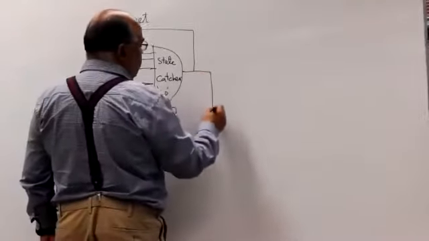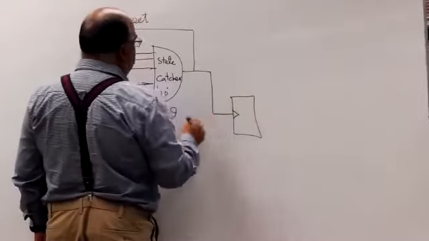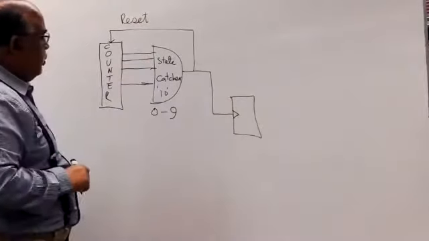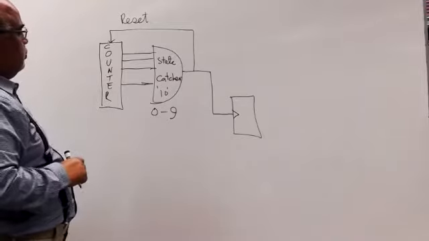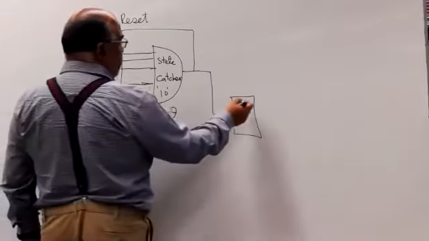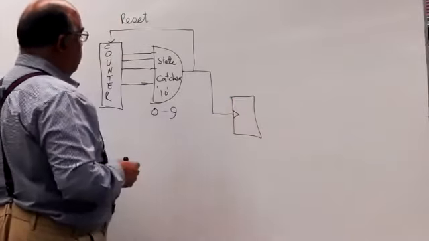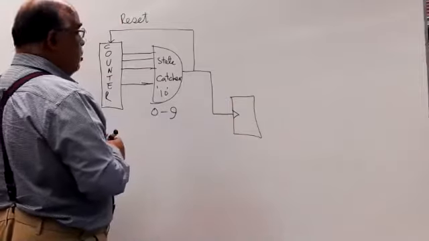And it will also send a clock to the next counter. Resetting itself is fine. There is no problem. It is the clock that goes to the next counter where it can be a problem. What is the problem? The problem is that... Sir, I had a question.